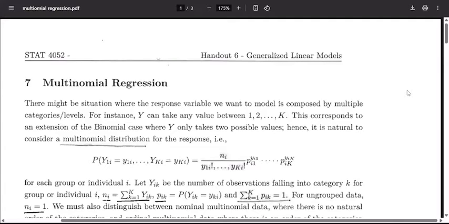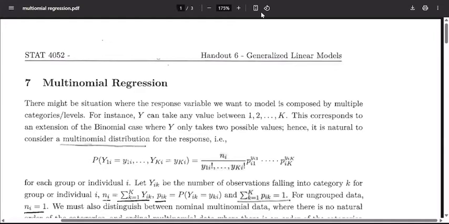You want to answer a question, maybe about what determines customer satisfaction, where you have very satisfied, not satisfied, and so on. Those are ordered, and there are more than 2 levels. Of course, you can't use multinomial for that.